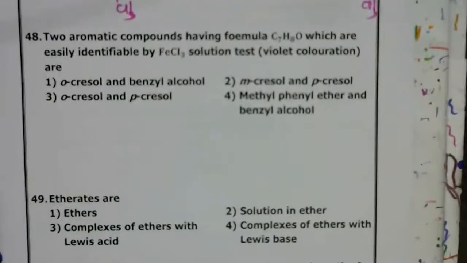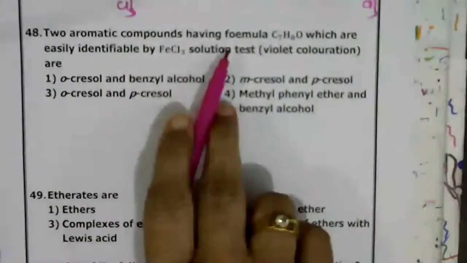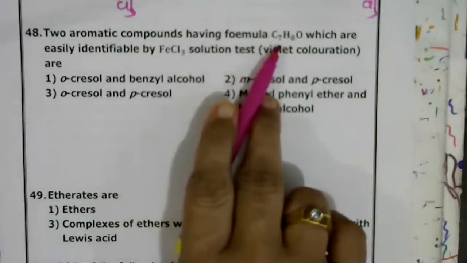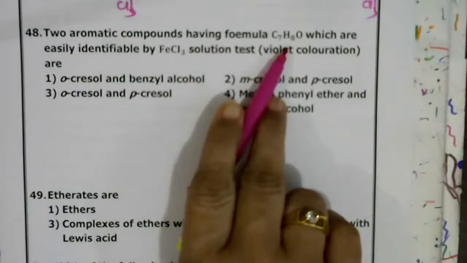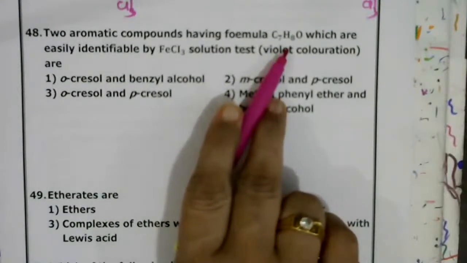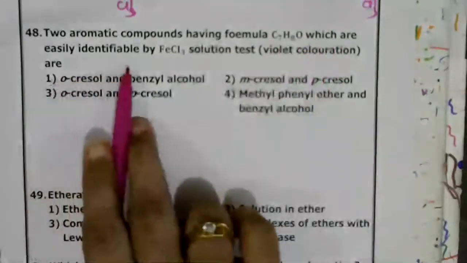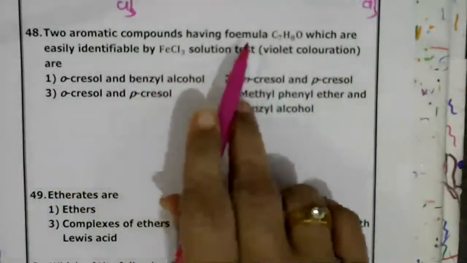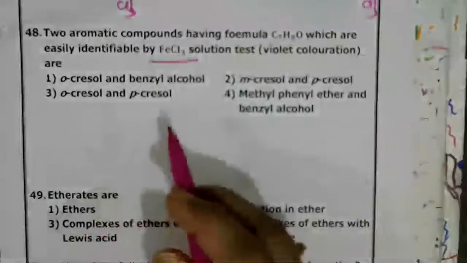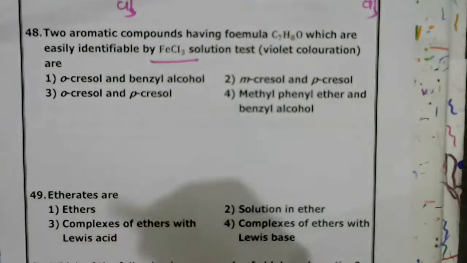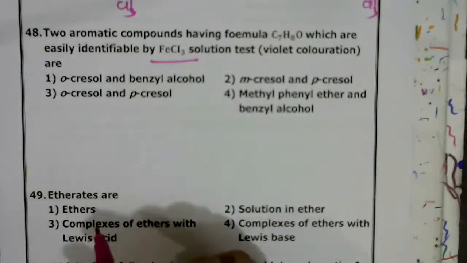Next question. Question number 48. Two aromatic compounds having the formula C7H8O, which are easily identified by FeCl3. Remember one thing, whenever phenol and its derivatives are treated with FeCl3, they will produce violet coloration.